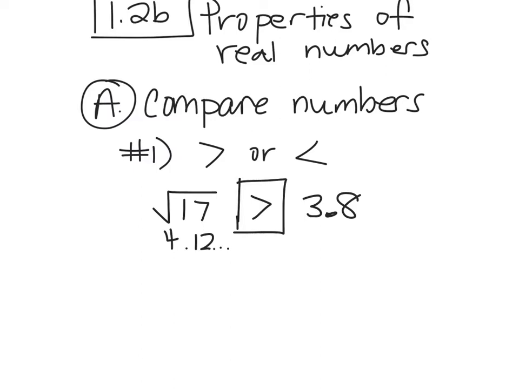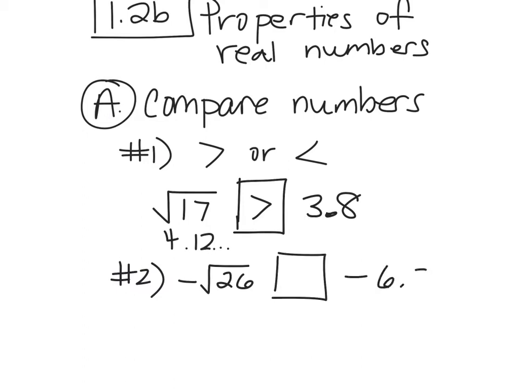What about comparing negative numbers? Let's compare negative square root of 26 with negative 6.25. On your brand new graphing calculator, there is a negative button. You can't use the minus as a negative.